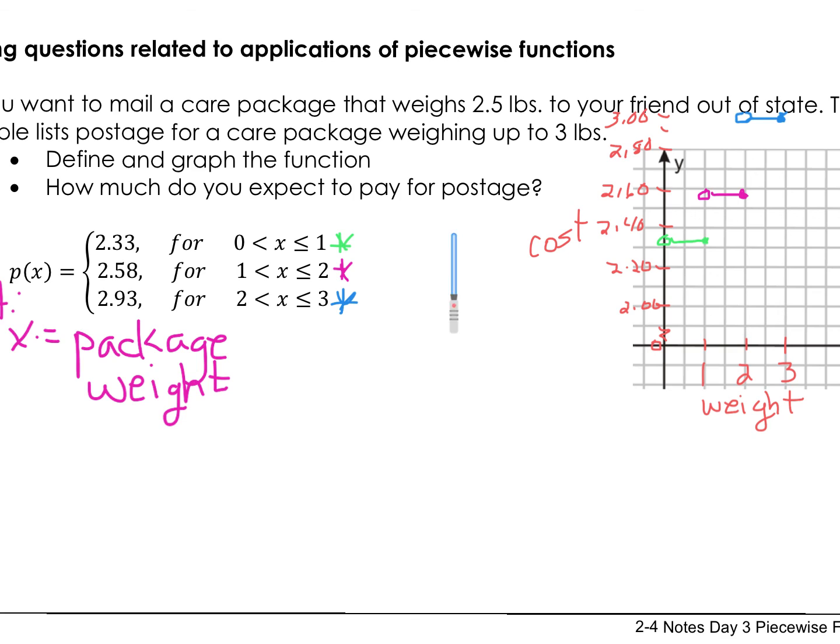Then we have to determine what our package that weighs 2.5 pounds will cost. So 2.5 is right here. Go all the way up to here. I'm going to have a price of $2.93.